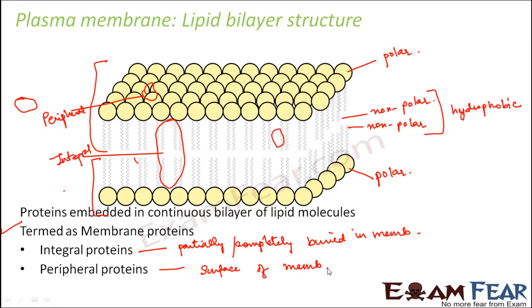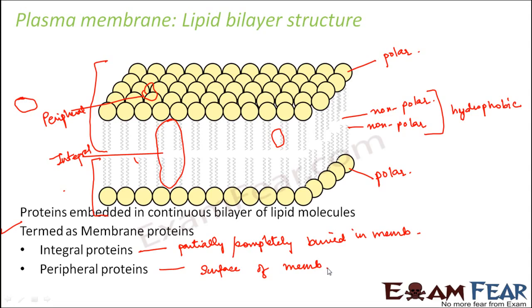For example, take the red blood cells of human beings. They consist of almost 52% protein and 40% lipids in their plasma membrane. So the amount of protein present in them is more than the amount of lipids. So even though proteins are embedded, that doesn't mean that only a little bit of protein is there. It is there to a large extent.